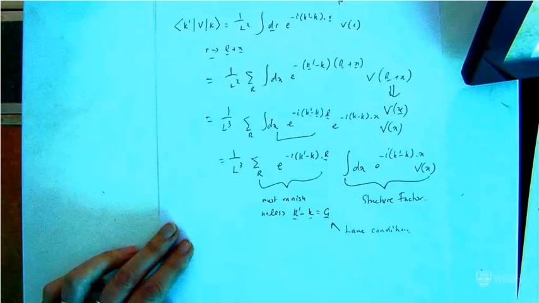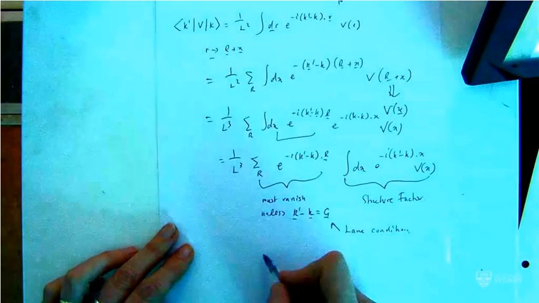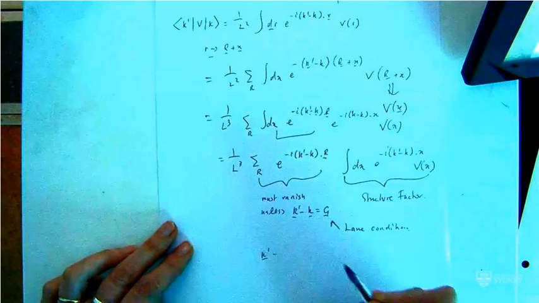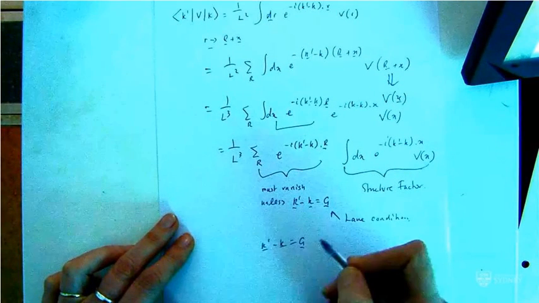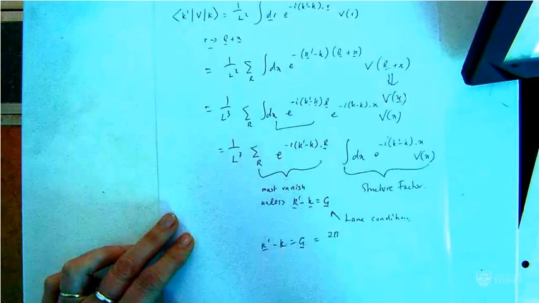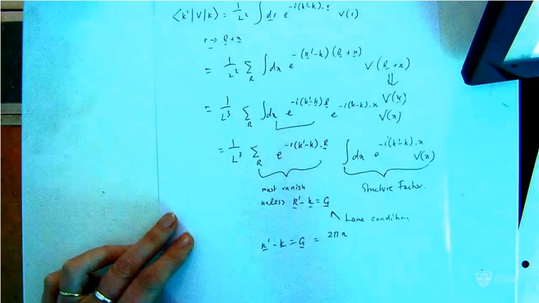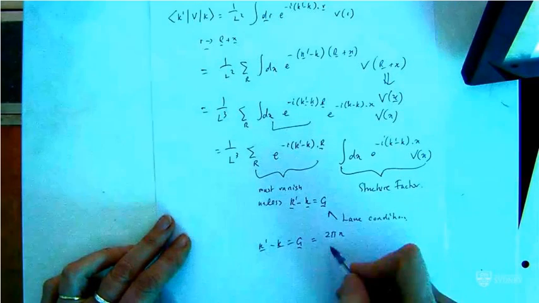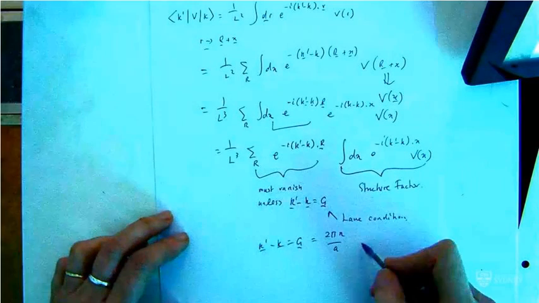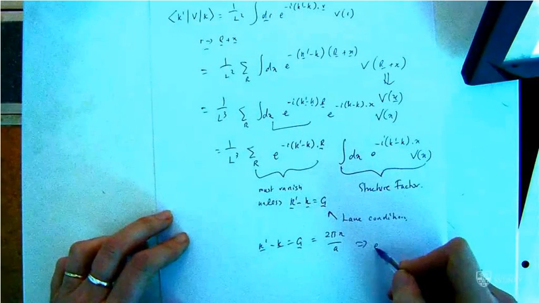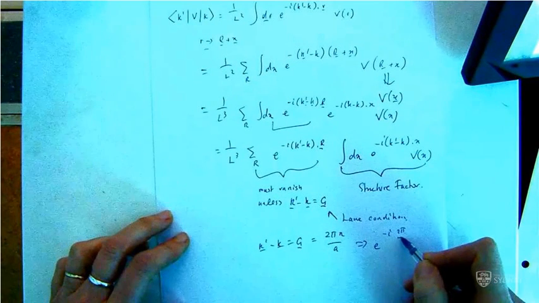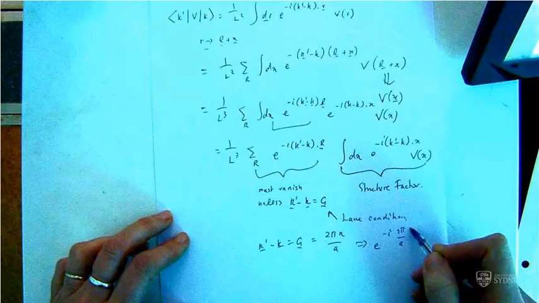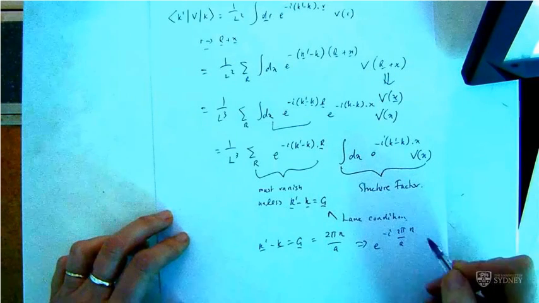Okay, you can see that when you substitute in, G is 2 pi times some integer n over a, your lattice constant. So when you stick that into the exponential, what is that?